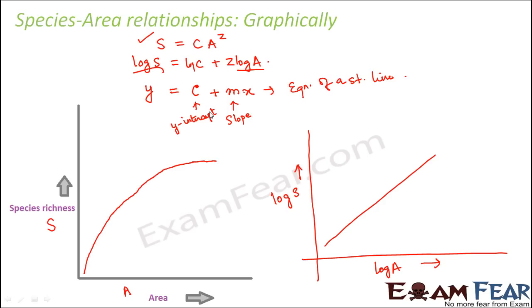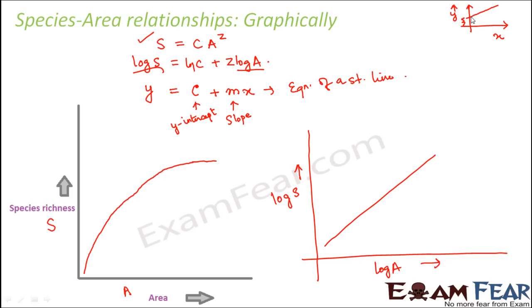Now, I hope you would have learned it in your mathematics, but in case you have forgotten the concept of the equation of a straight line, let me quickly remind you. It is somewhat like this. Let us suppose this is your plot. If this is your x and this is your y coordinate, and you have a straight line like this, then this is the y-intercept.